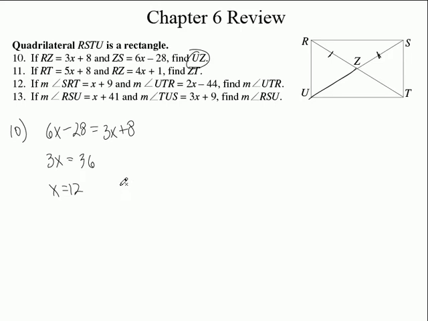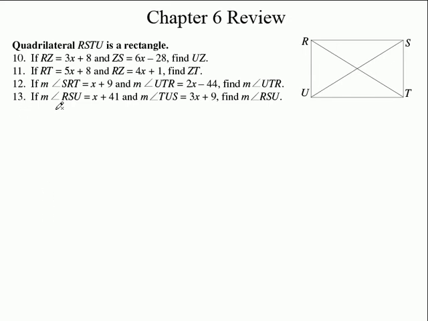RZ is 3x plus 8, so it's 36 plus 8, and that is 44. You're saying, yeah, but we solved for RZ. But RZ, ZS, and UZ are all the exact same thing, so UZ is going to be the same number: 44.